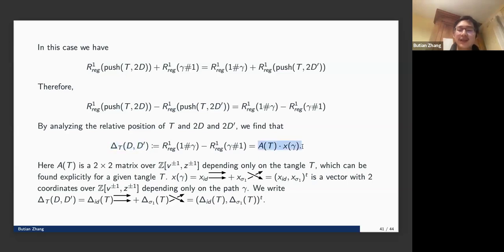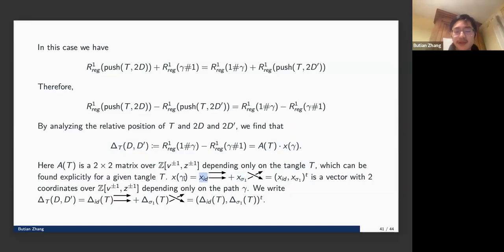And this AT and X gamma: AT is a 2-2 matrix which can be obtained by some analysis, and it depends only on T. And X gamma is a column vector of two coordinates. Two coordinates, we say it here and here.